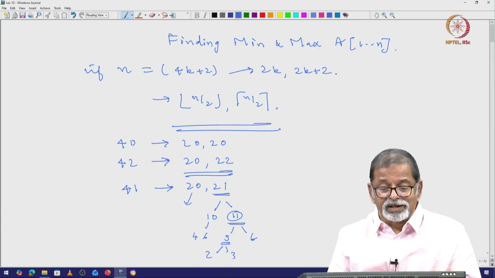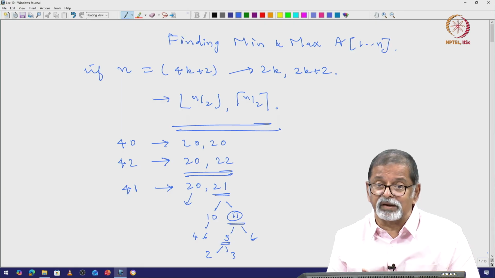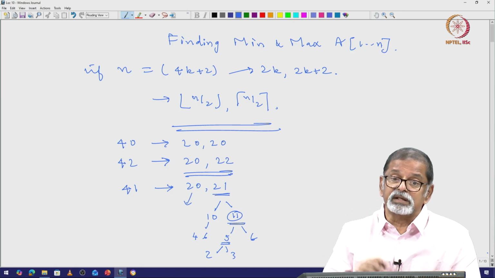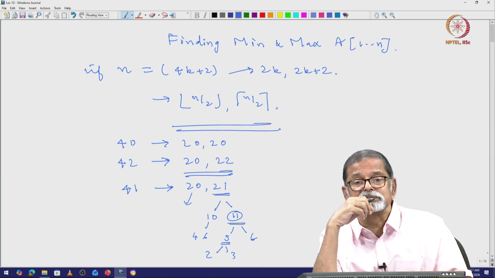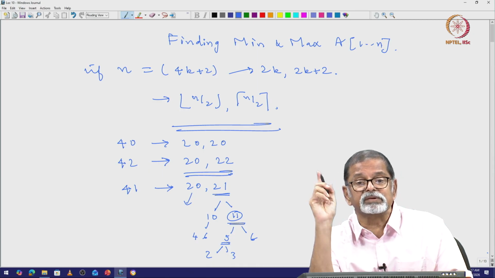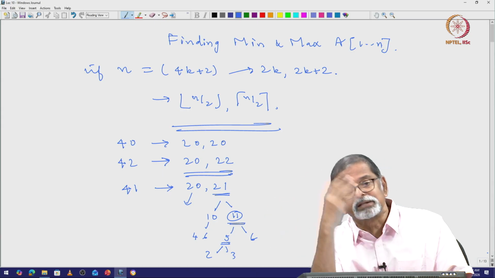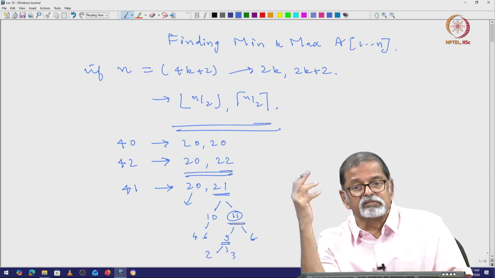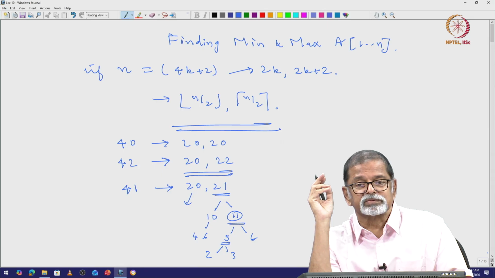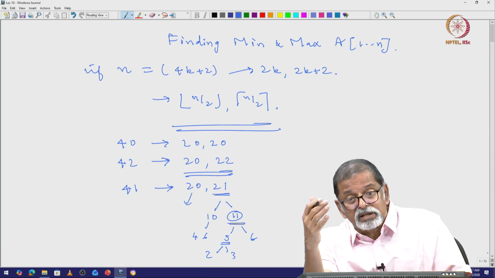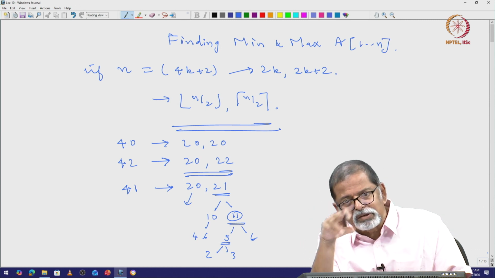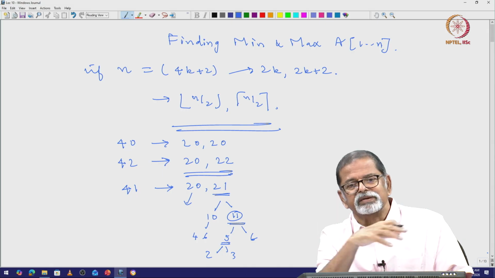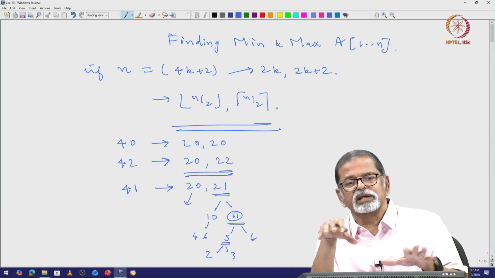In other words, at the leaf level, there is only one leaf with value 1. All other leaves will have 2. Because there will be only one smaller odd number, the smallest odd number being 1, everything else is even.